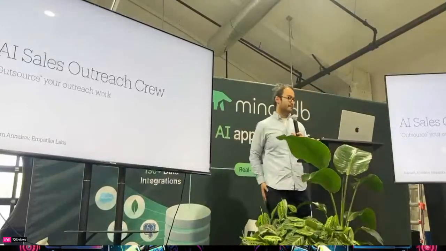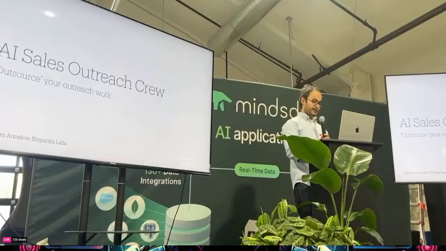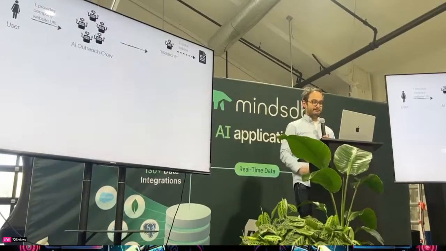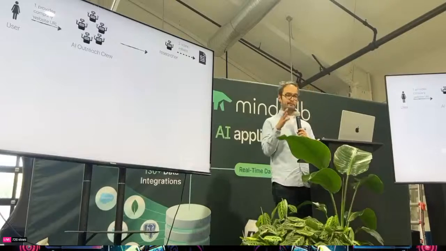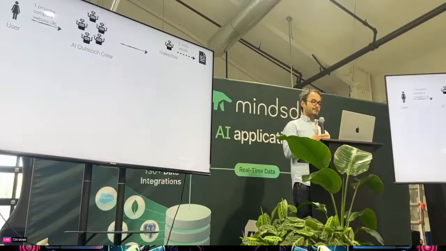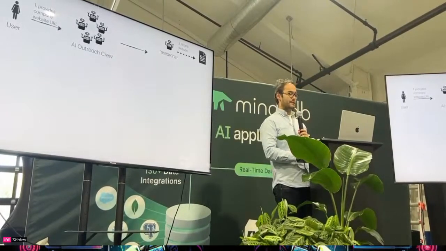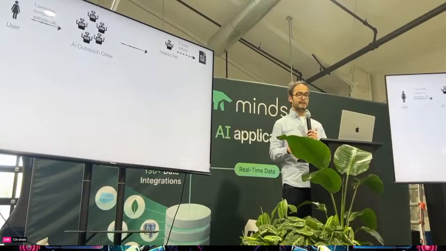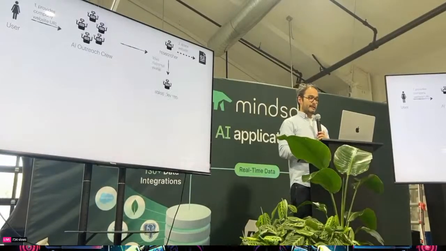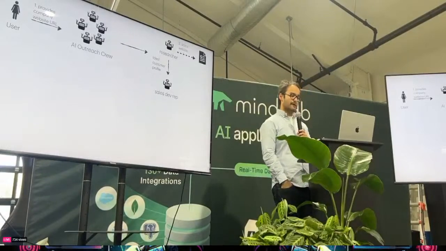Hi, I'm Byron. I wanted to automate sales outreach. The idea is that I have a crew of agents, and each of them performs some part of the sales outreach workflow. The user gives the company website URL, and the first agent, the researcher, scans the website, learns about the case studies and products, and creates an ICP, Ideal Customer Profile.